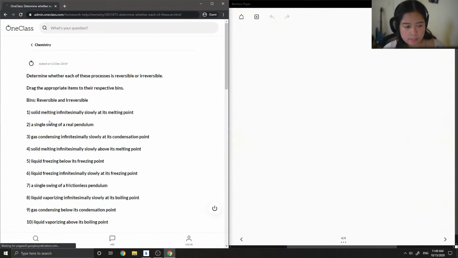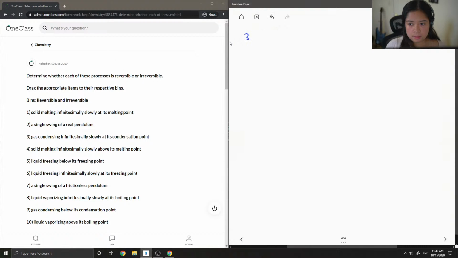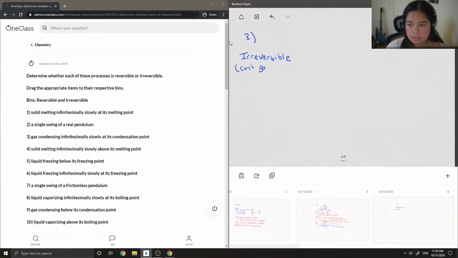Okay, so on to question number 3. Determine whether each of these processes is reversible or irreversible. Okay, so we all know that when you have an irreversible process, this basically means you can't go back to your starting position.